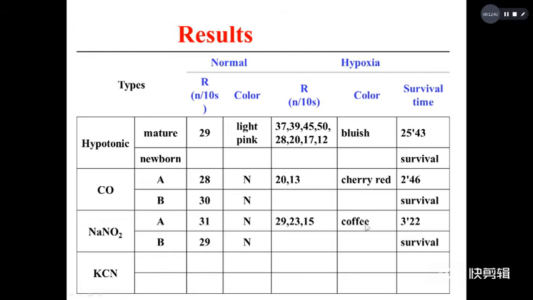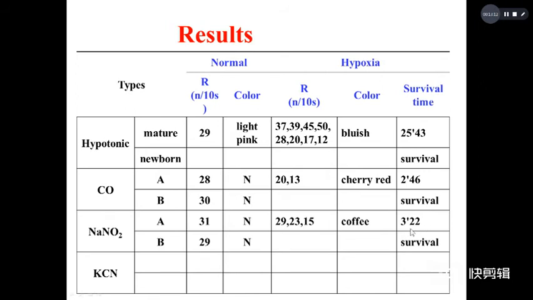Now the results of the third experiment, animal A and animal B. Mouse A has normal respiration of 31, and the normal color is light pink. Respiration then goes 29, 23, and 15, then stops. Now the color is coffee.